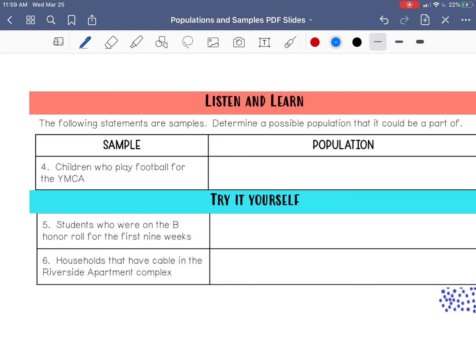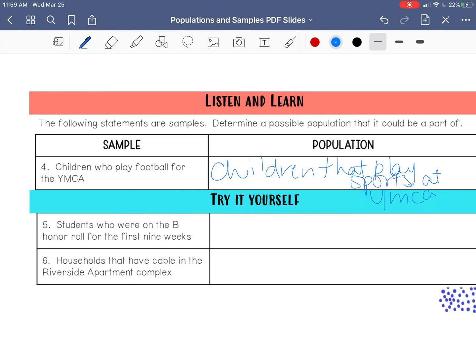The larger population could be children in general that play sports at the YMCA. We could have a whole bunch of children that play basketball, football, soccer, whatever the YMCA offers. That would be our whole population, and the sample given to you is only the group playing football at the YMCA.